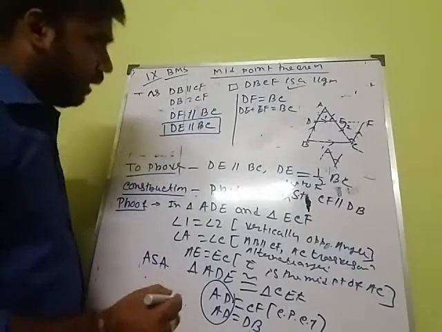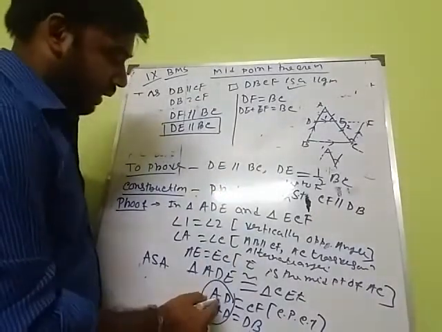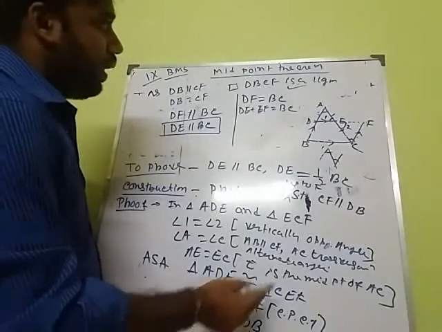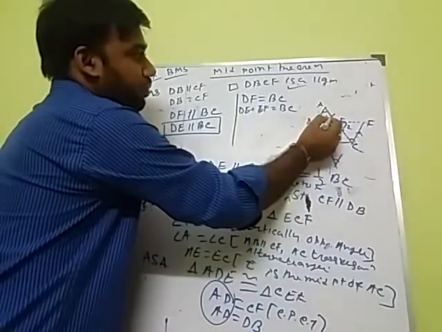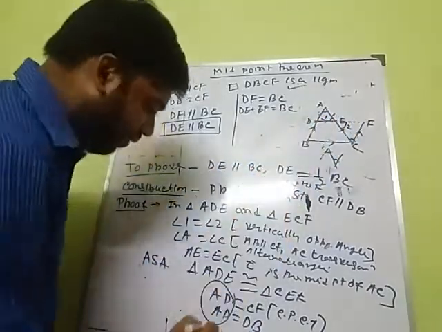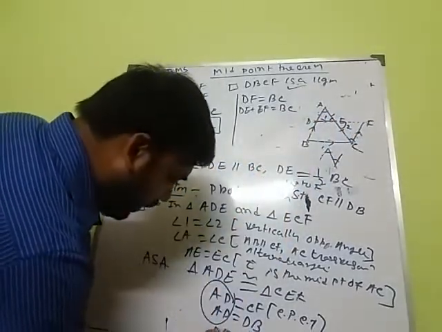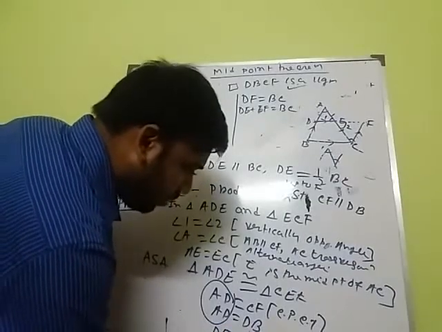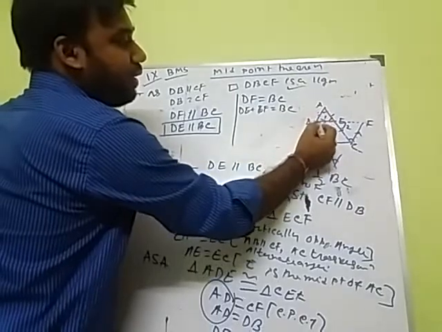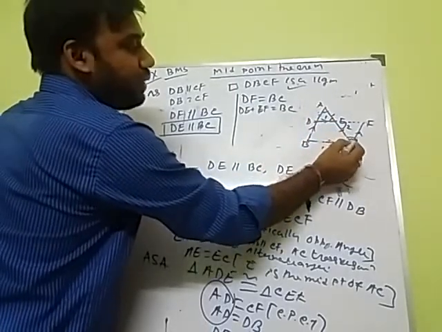Now, students, one thing, AD parallel to CF, AD equal to CF, and also DE equal to EF. We can write here DE equal to EF by CPCT also. CPCT means opposite sides of this angle, DE, opposite sides of this angle, that is EF.